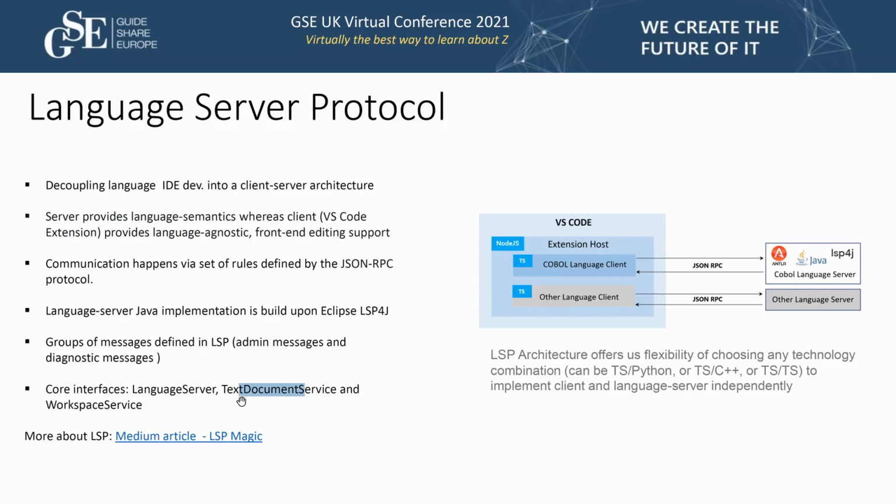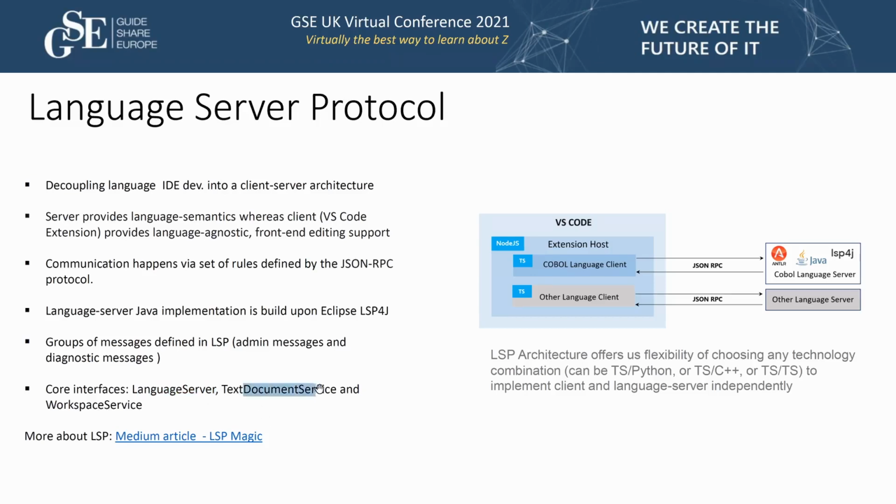The language server interface is responsible for initialization, handshaking, and shutting down the servers. One example is when you start the application, you can tell the client which kinds of capabilities the language server supports.